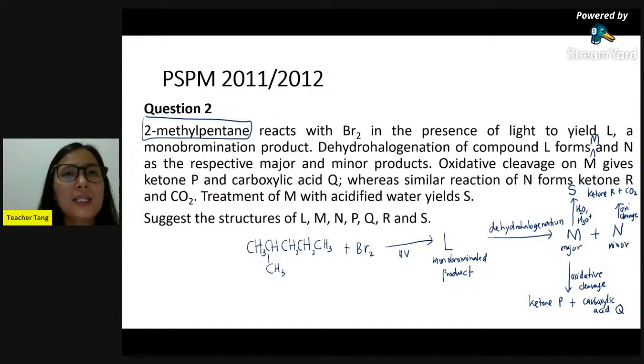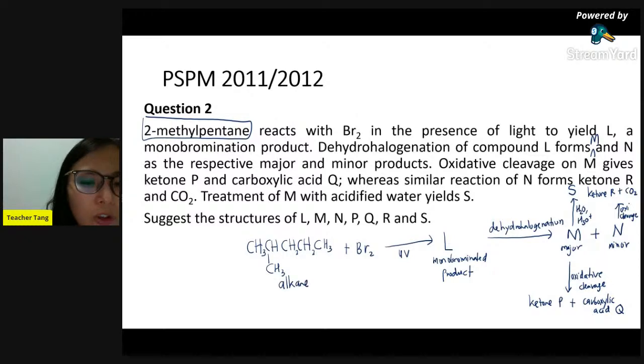This is an alkane. So an alkane undergoes what type of reaction? You already learned only one, which is free radical substitution reaction.